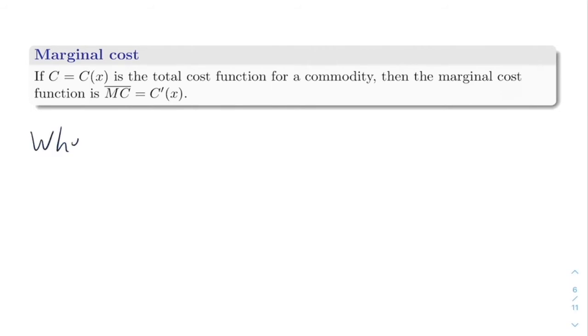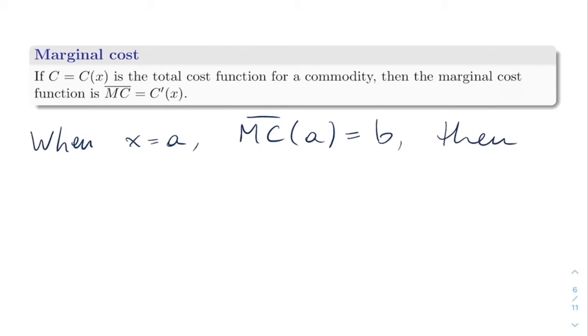So when x is equal to a, if the marginal cost of a is equal to b, then the cost of producing one more item will be approximately the cost of producing a units plus b.